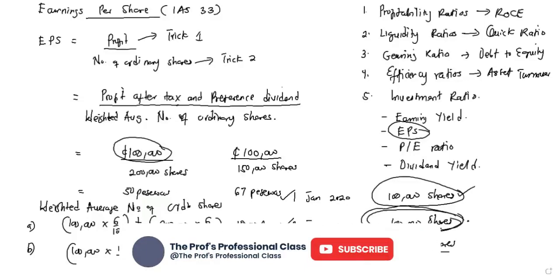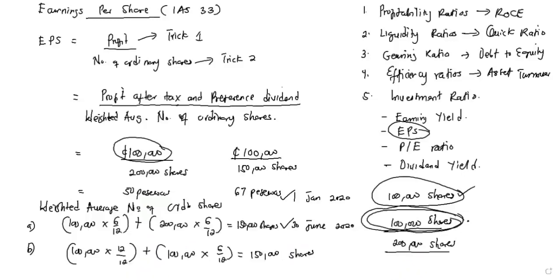Any question on this? If you have a question, you can kindly ask. Can you go by any of these methods, or is it best to use the weighted average?